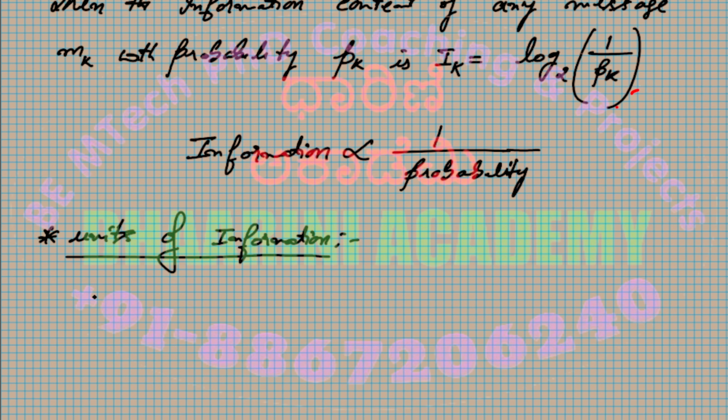Now if I use the information I as log to the base 2 of 1 by probability, then this has a unit called bits. So information comes in bits. Maybe 1 bit of information, 2 bits of information, like that.